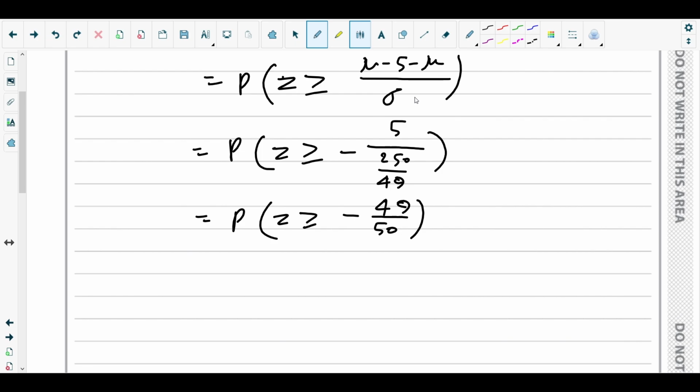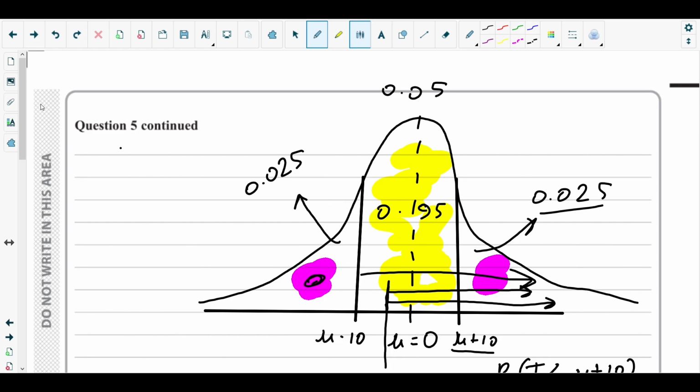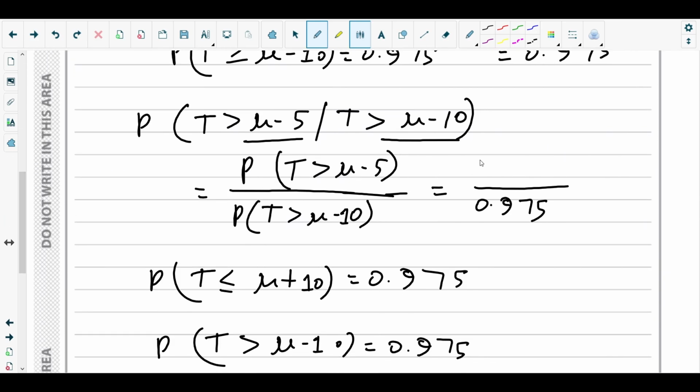You will get the probability, 0.83645. Take the exact value to get the correct answer. Okay, so we got the probability.